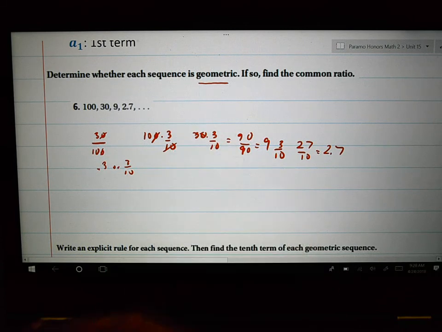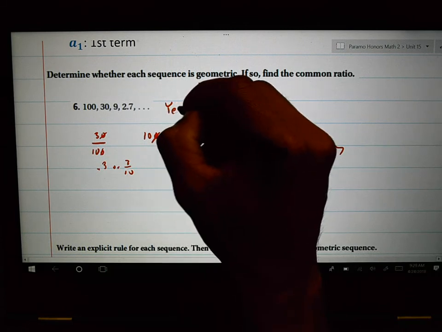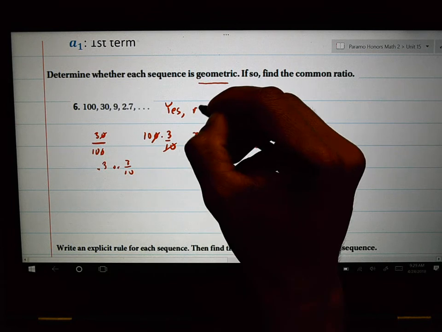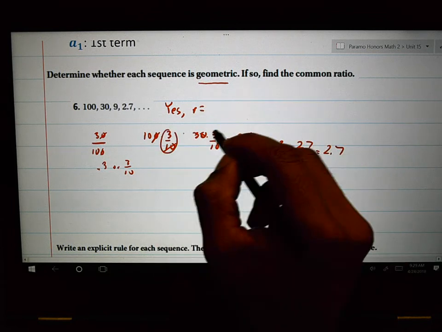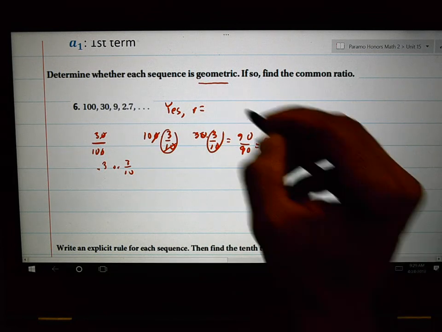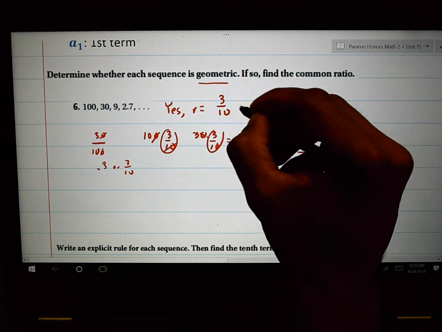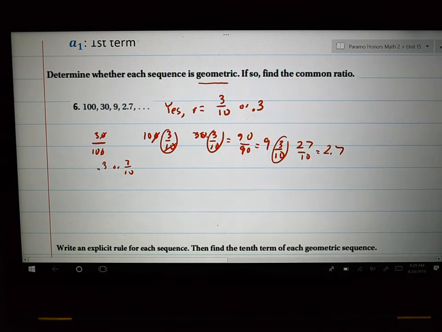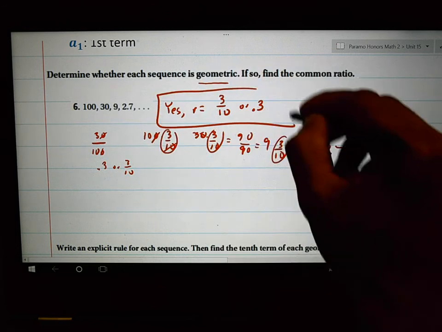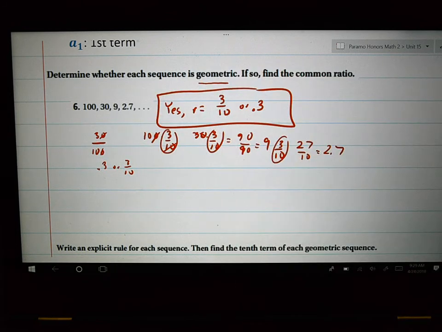Is this geometric? My answer is yes. What is the common ratio? What am I multiplying by every time to get to the next one? Either 3/10 or 0.3. There's my answer. Do I prefer whether it's a fraction or a decimal? No. It's just easier. I would accept either one.